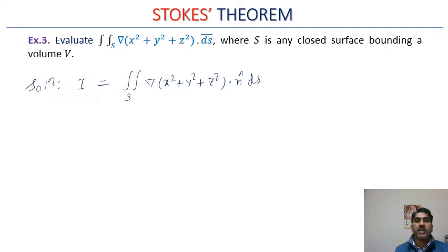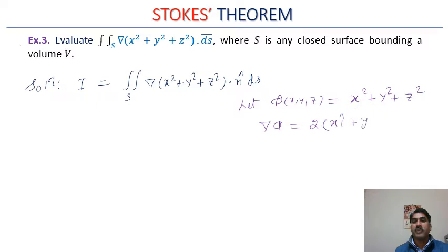But before finding the volume integral, let us suppose phi of x y z be denoted as x square plus y square plus z square. Therefore del phi is 2 times x i plus y j plus z k.